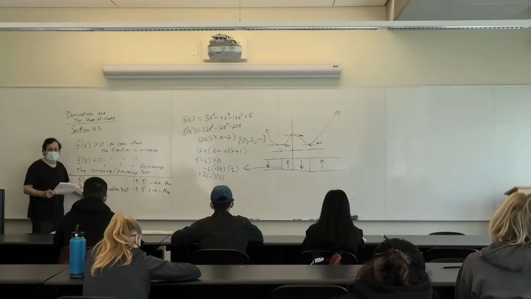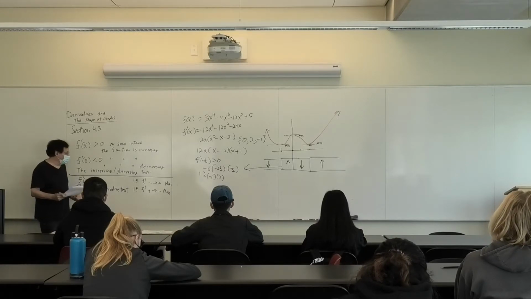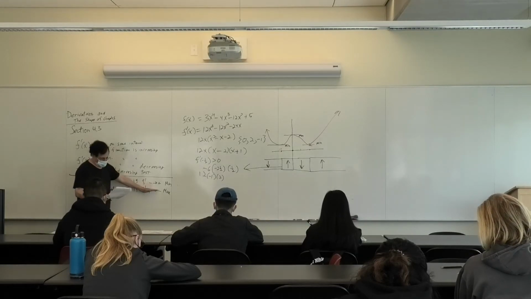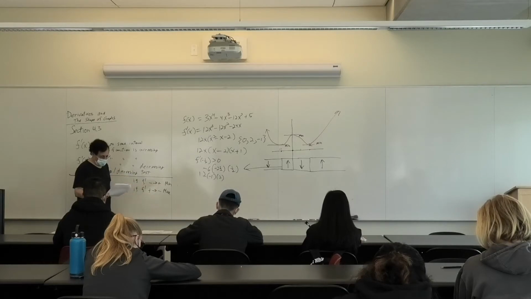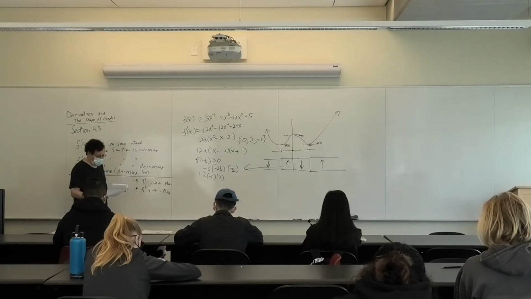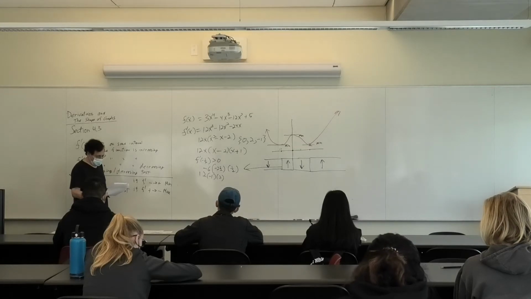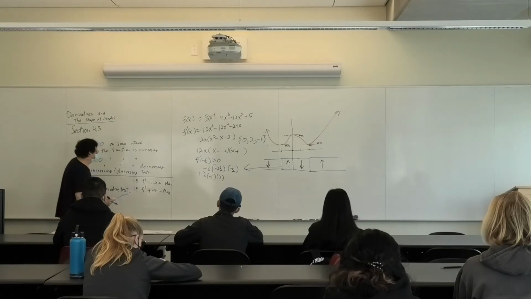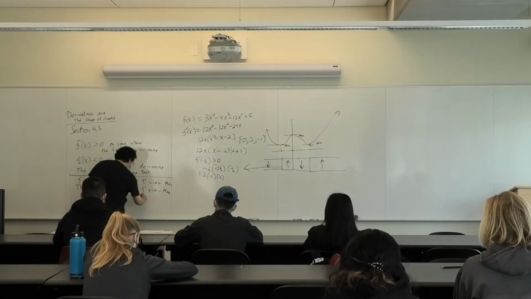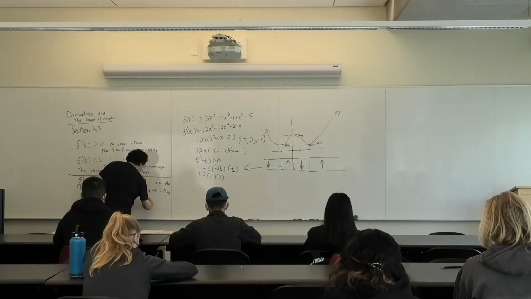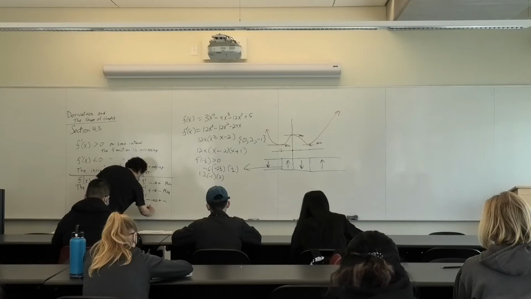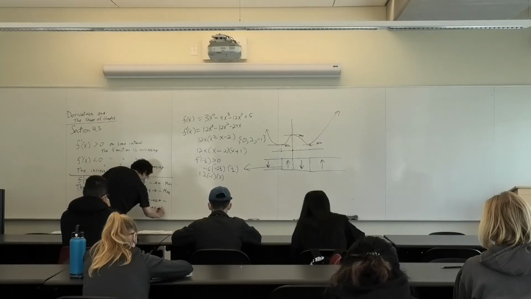Now, we're not always this lucky. Sometimes, well, okay, how do we do this? What happens if f prime goes from negative to 0 to negative, or from positive to 0 to positive?